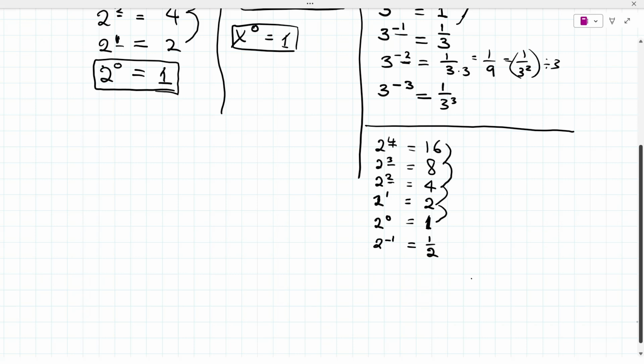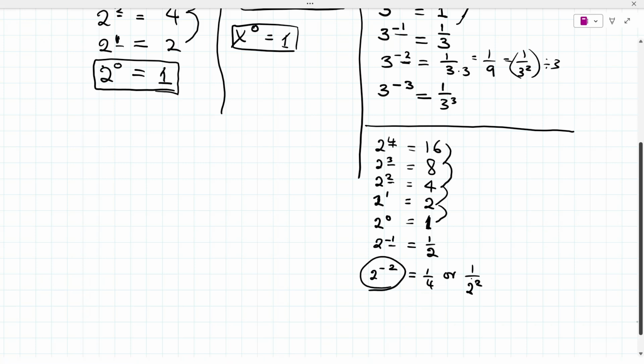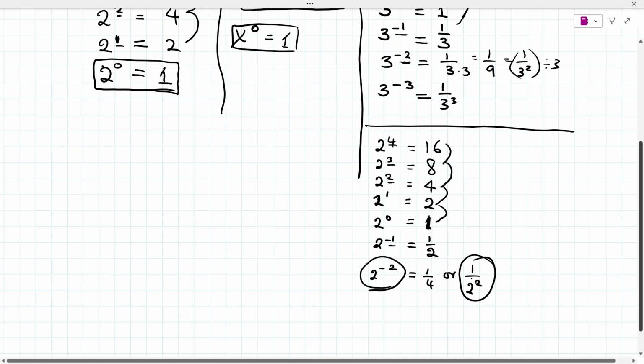And if we reduced it further by 1, we would have 2 to the power negative 2. This would be 1/2 divided by 2, which would become 1/4, or it can be written as (1/2) squared. So in this case, we can turn negative exponents into positive exponents by taking the reciprocal of our number.